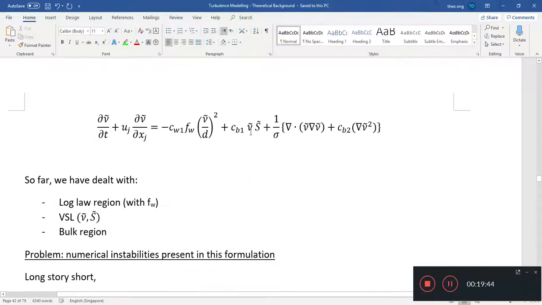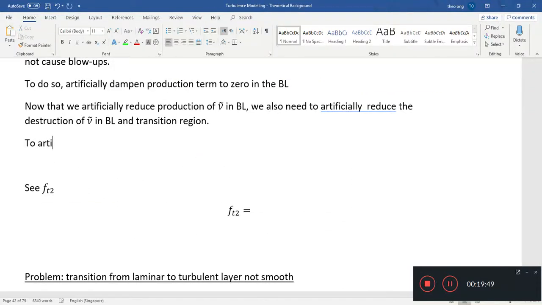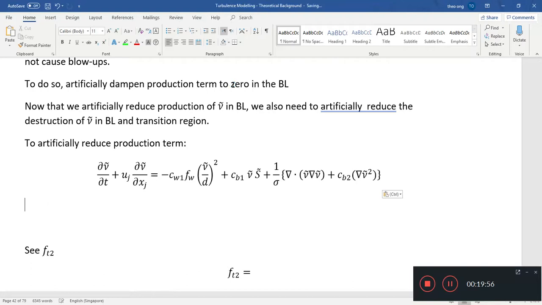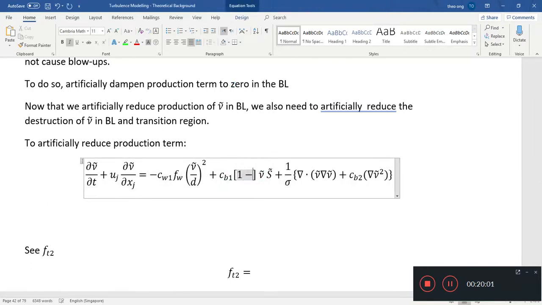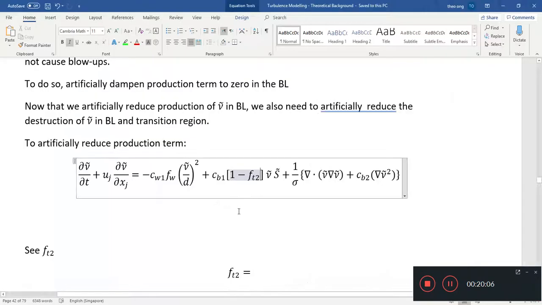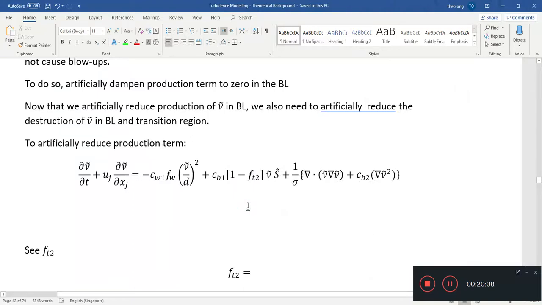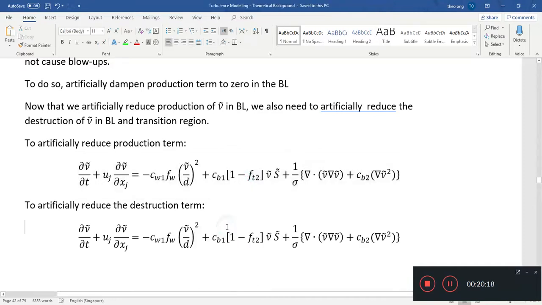To artificially reduce the production term, they introduce a trip term here, 1 minus ft2. This is where the trip term is applied, and to artificially reduce the destruction term, they introduce yet another term here.